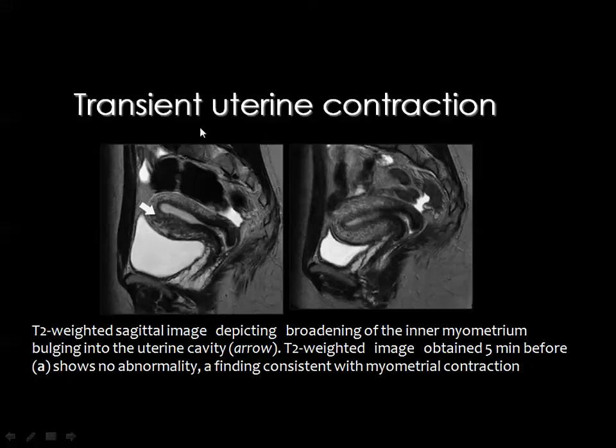And this is known as transient uterine contractions, which may disturb the signal intensity of the myometrium, leading to a false impression that you are dealing with, for example, focal adenomyosis. But this is just a simple contraction, and in the next image or in the other series, you will see the normal junction, the normal zonal anatomy.